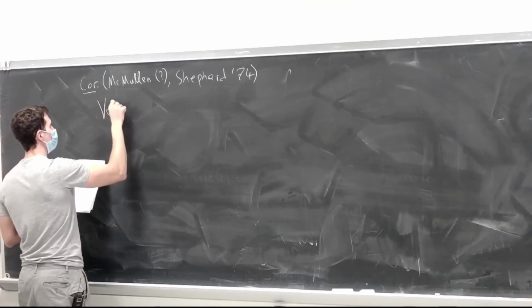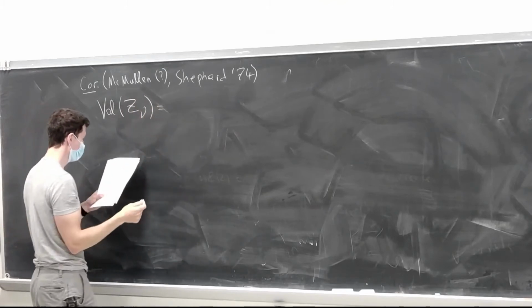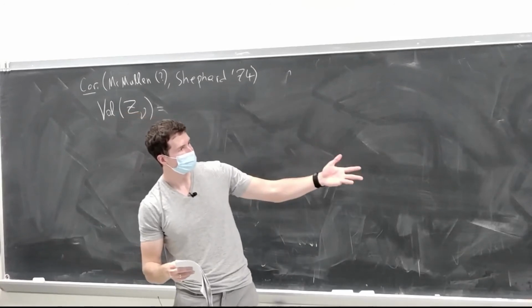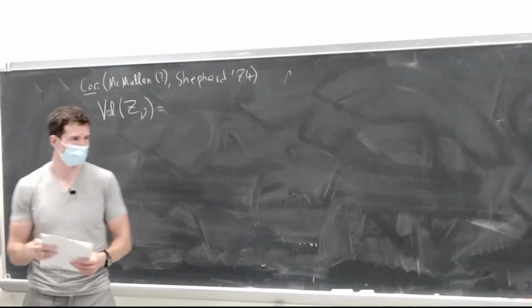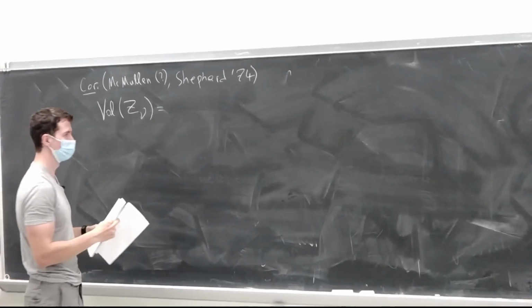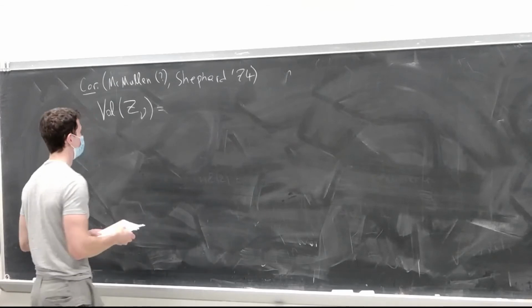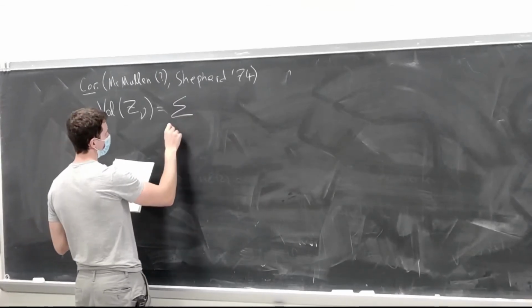The volume of a given zonotope for a given vector configuration is, well, what do we know? We know that the top-dimensional tiles of any zonotopal tiling are in bijection with bases. And it's easy to compute the volume of each of them. So it's a sum over all bases.